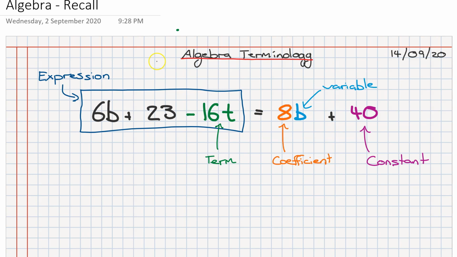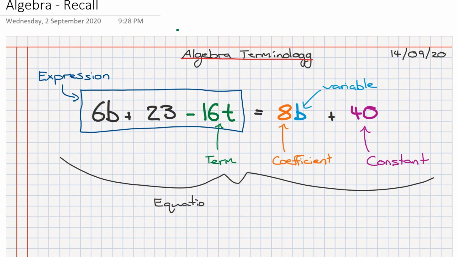Now one thing I should also note is that when we put all of this together and we see an equal sign, what we have is an equation. So this terminology is really important to know, because if we want to be able to speak explicitly about algebra, we have to use the correct terminology.